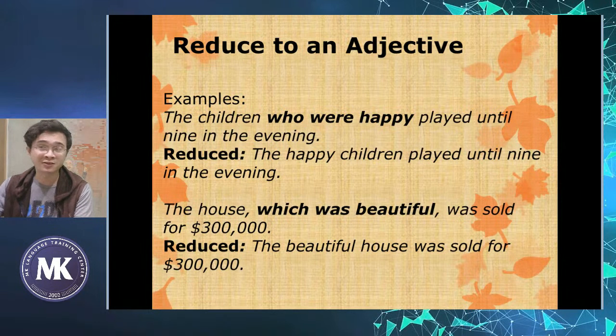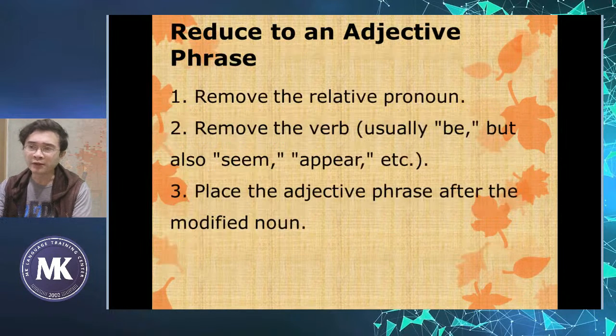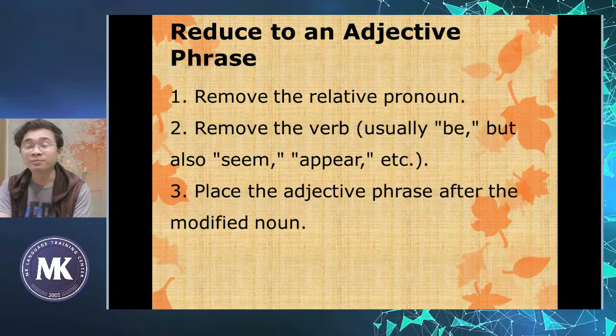Okay, how about if we have another process for how to make it into an adjective phrase? Again, when we say phrase, it means that this sentence has a subject and maybe also a verb, but somehow it cannot stand by itself.